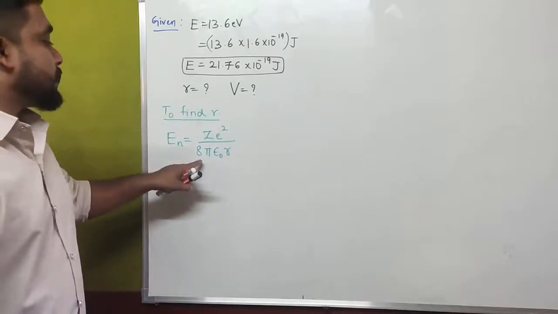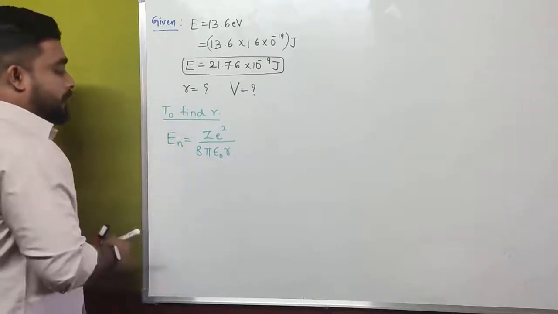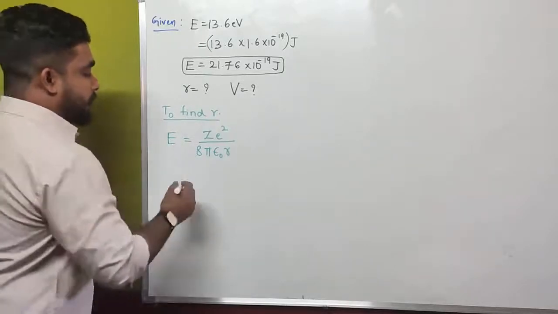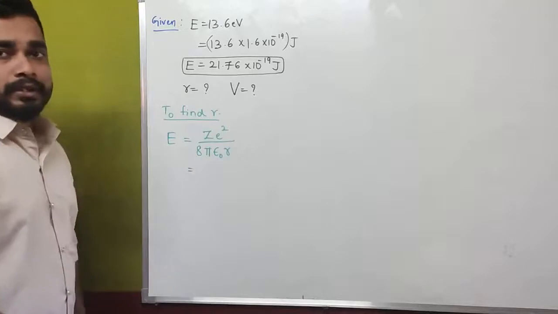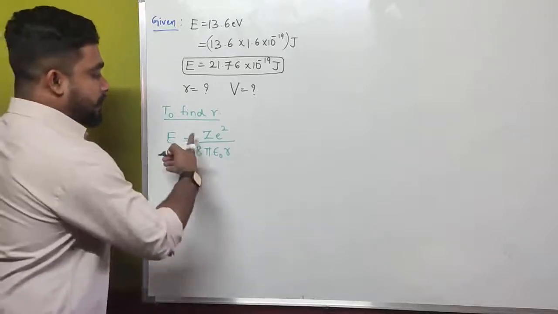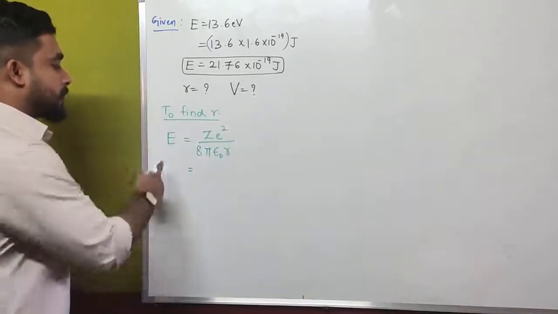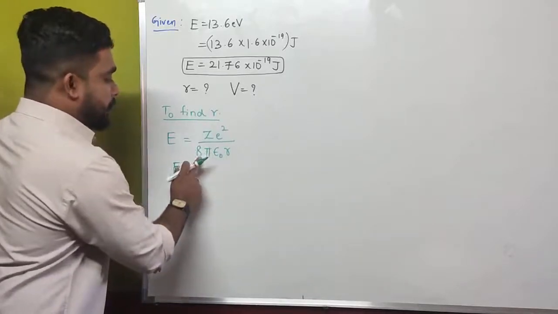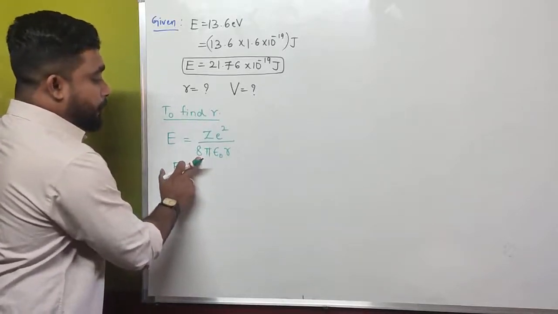By using this formula, I'll do a slight modification in this expression. I'll consider this energy as E, and here what we have is 4 into 2.